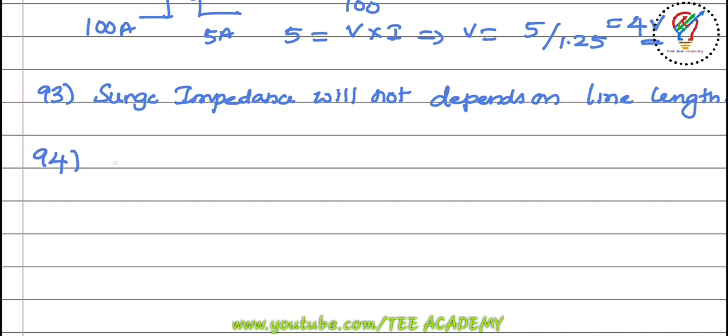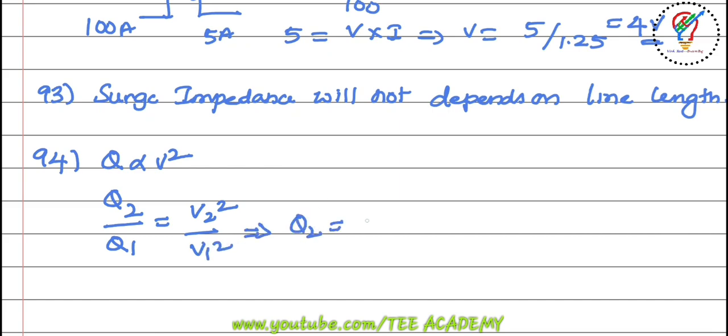First, Q is proportional to V square. So Q2 by Q1 is equal to V2 square divided by V1 square. So Q2 is equal to Q1 into V2 square divided by V1 square. What is V2? The secondary case voltage, it is 380 into 380.